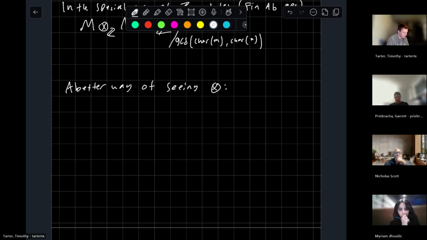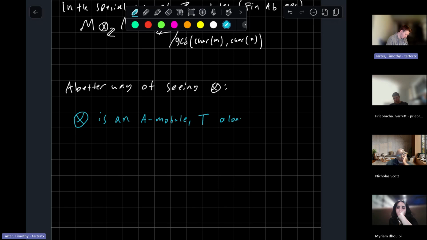So the tensor product is an A module T along with an A bilinear map, meaning that it distributes from both sides, like the distributive property holds from both sides, plus the other weird rules of the tensor product.